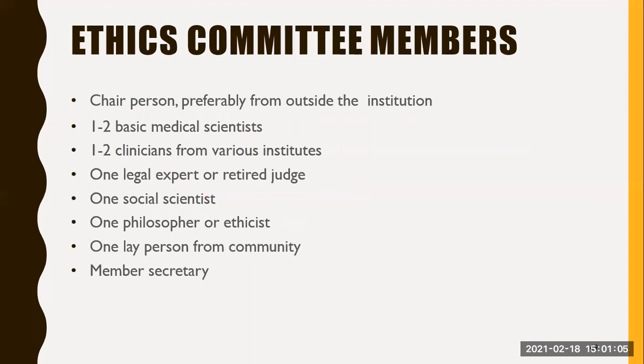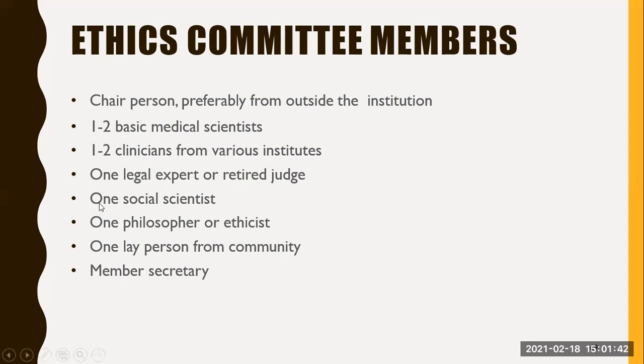So this is the composition of it. It is multi-sectorial and multidisciplinary in nature. The chairperson is preferably from outside the institution, then one to two basic medical scientists. When we say institution, we are basically talking about the institute or the hospital where the clinical research is being carried out. Then one to two clinicians from various institutes, then one legal expert or retired judge.